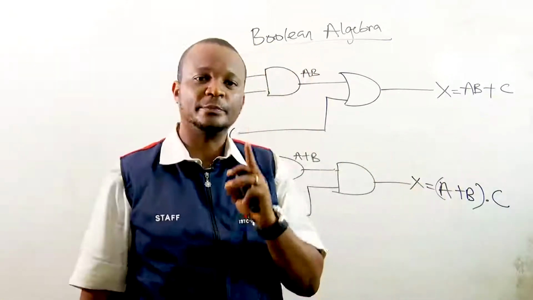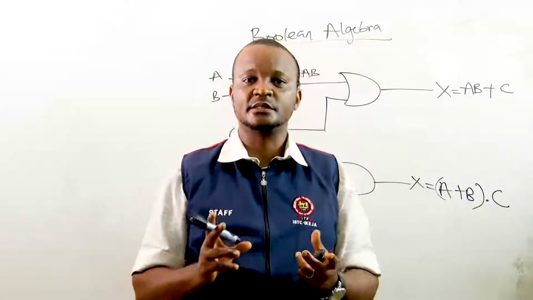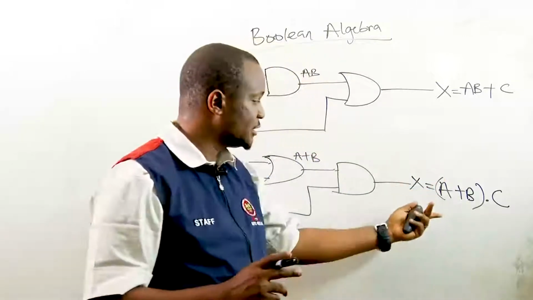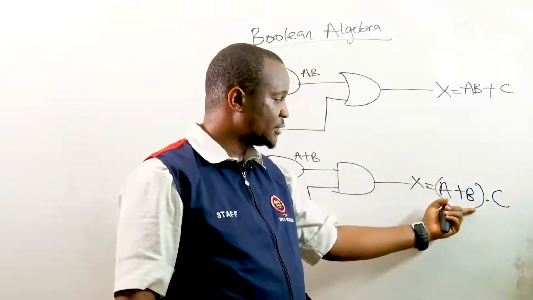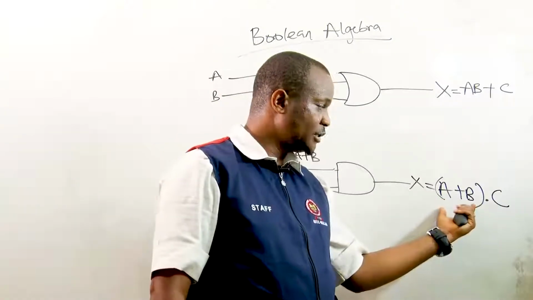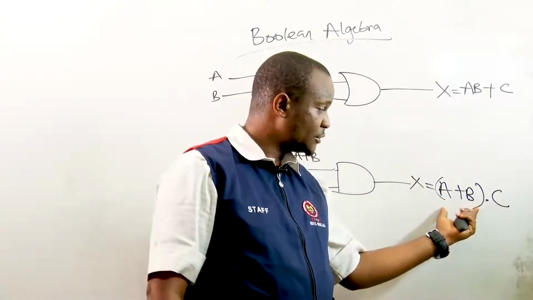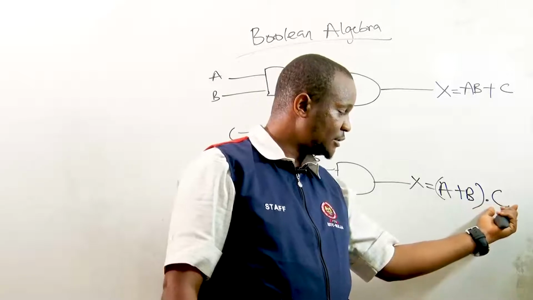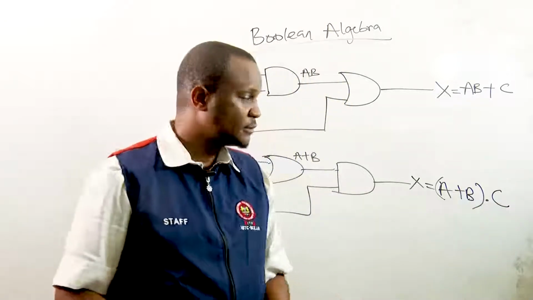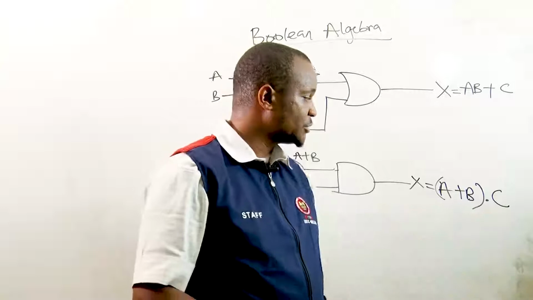Unless, of course, it is in parentheses, such as in the expression A plus B. So you have to perform the one in the parentheses before you can come outside and do that of the other expression.